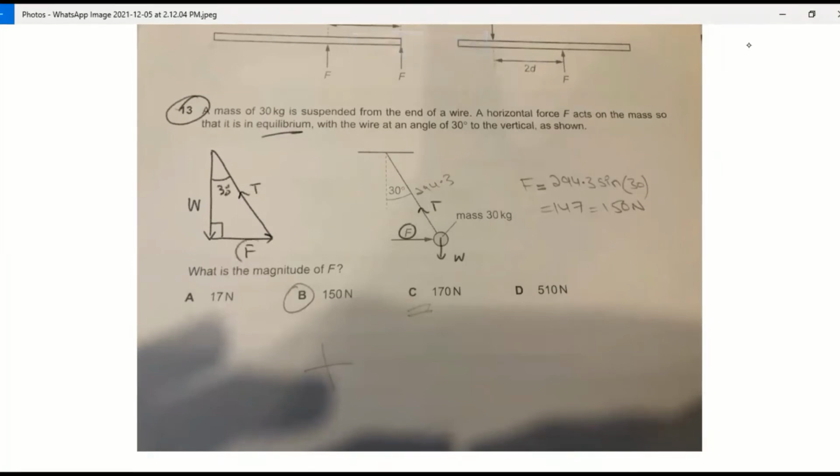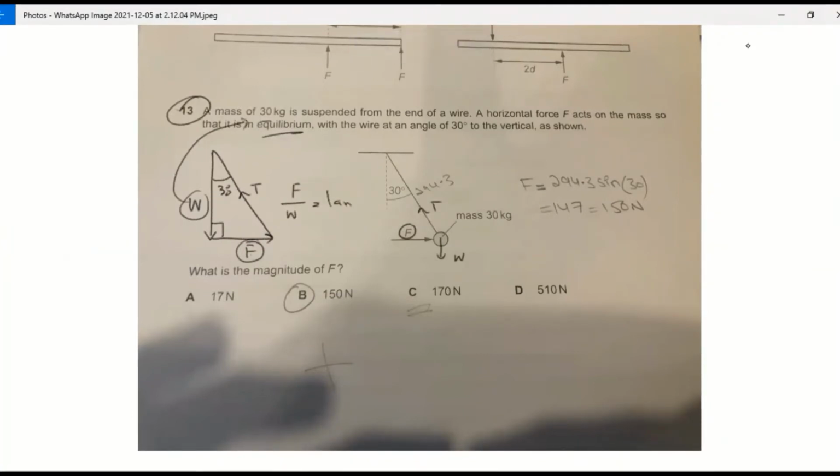Now F is required and we can calculate weight from this mass. So we can write F divided by W, mean perpendicular divided by base, tan theta. So F is equal to W tan theta.